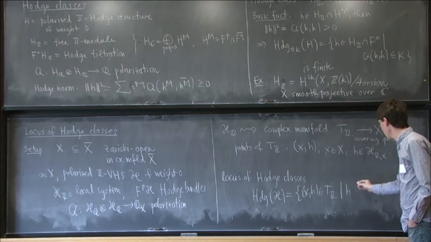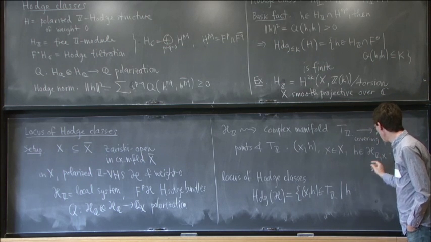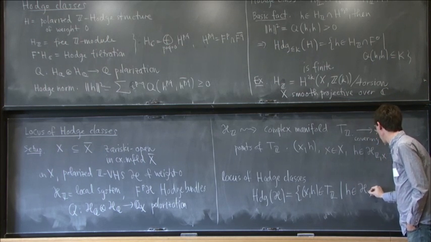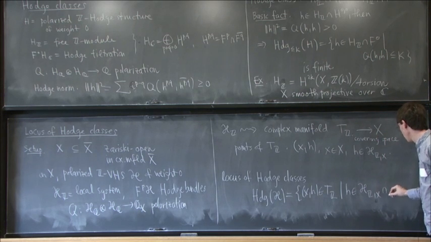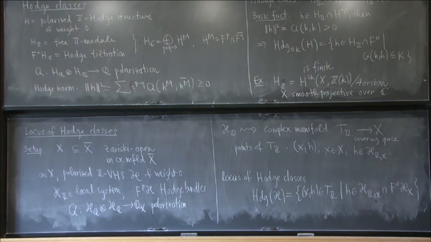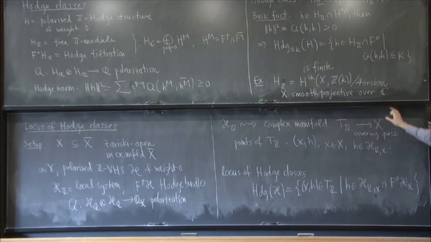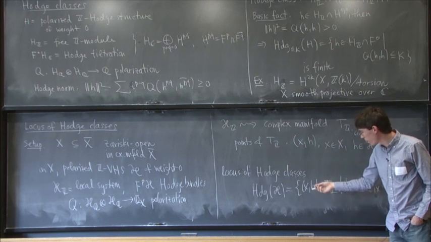So in other words, it belongs to here, right? And then I also want it to be of type 0,0. Okay, so this way I can write it as a set.